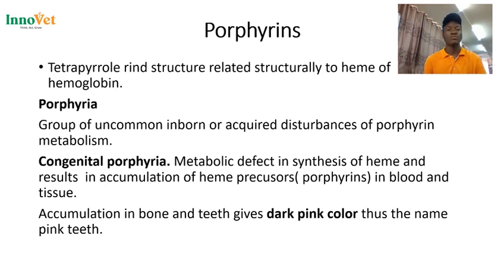pigments is called porphyria. The most common one is the congenital porphyria, which is a metabolic defect in synthesis of heme and results in accumulation of heme precursors in blood and tissues. So if there is a defect in the synthesis of heme, then the precursors will start accumulating, and these are basically the porphyrins, where we have urobilinogen and many others.